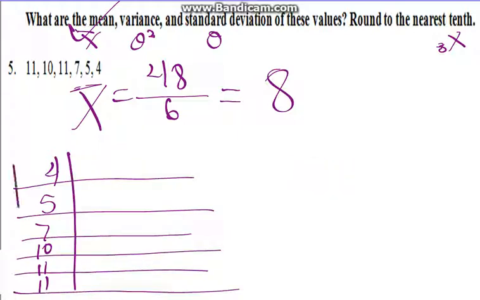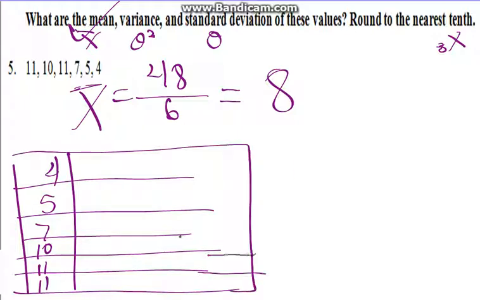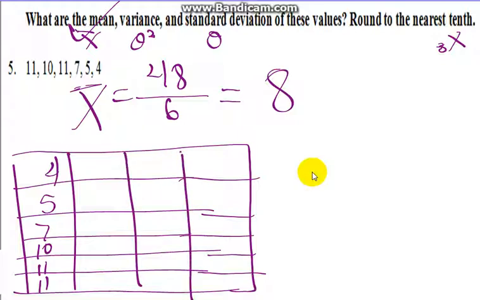Okay, so there's our first column. And we're going to have a box of 4 columns here. Now, the next thing we want to do is calculate the average, or the mean. We've already done that. So this is x. This is going to be our x bar, our mean, which is 8, all the way down. For all of the items, they have the same average.